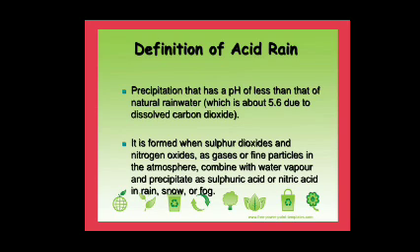It is formed when sulfur dioxide and nitrogen oxides, as gases or fine particles in the atmosphere, combine with water vapor and precipitate as sulfuric acid or nitric acid in rain, snow, or fog.